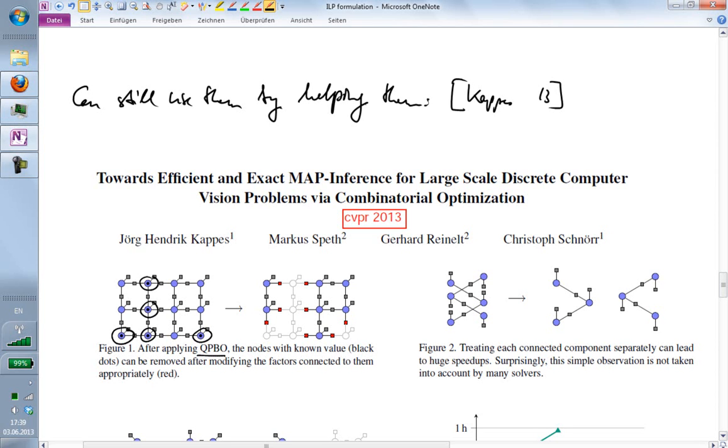So QPBO tells you that for these pixels we have a labeling which is either 0 or 1, and for those pixels we know that these labels are also part of the globally optimal solution.